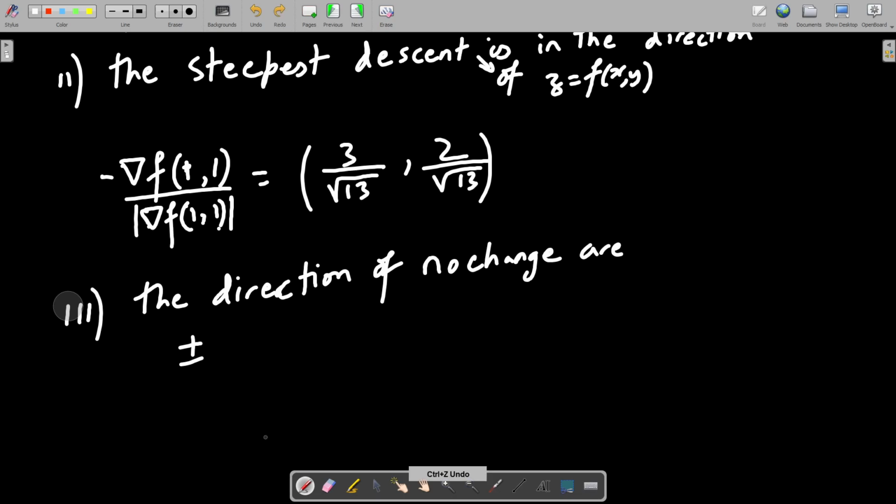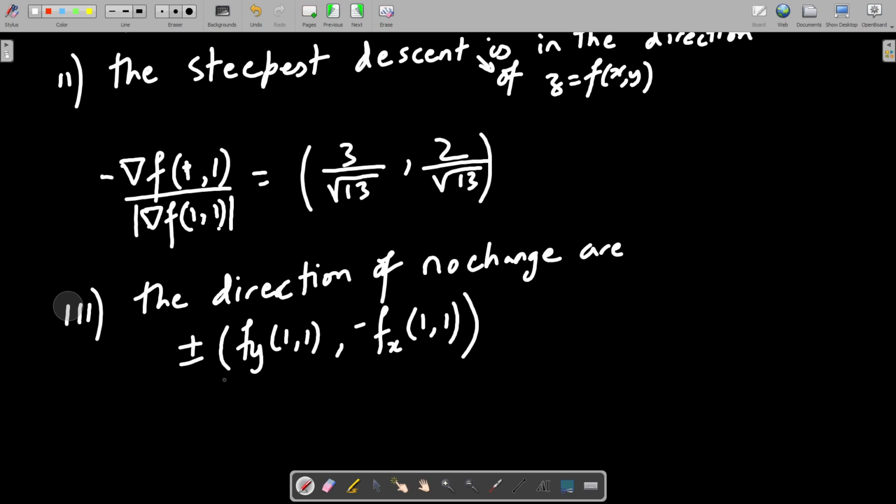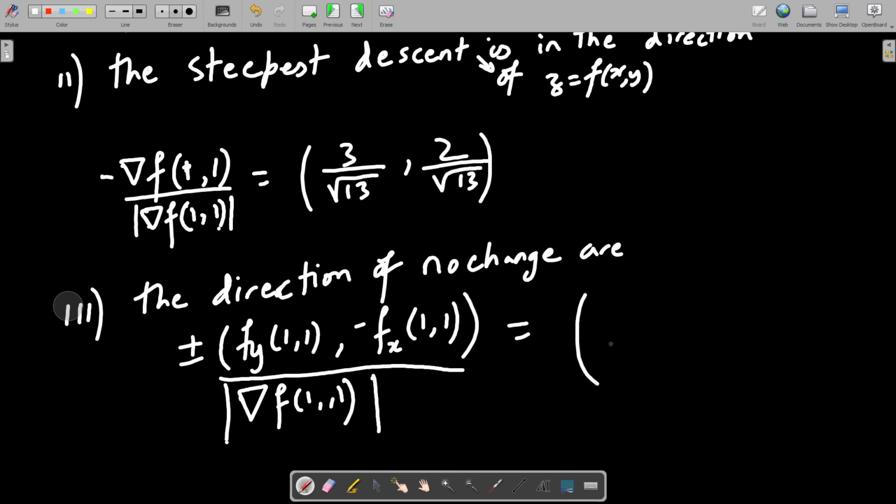One second, let me write down the formula. So this will leave me with two directions, because one is plus and one is minus.